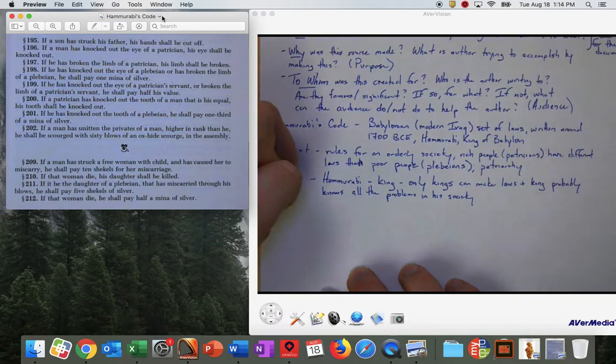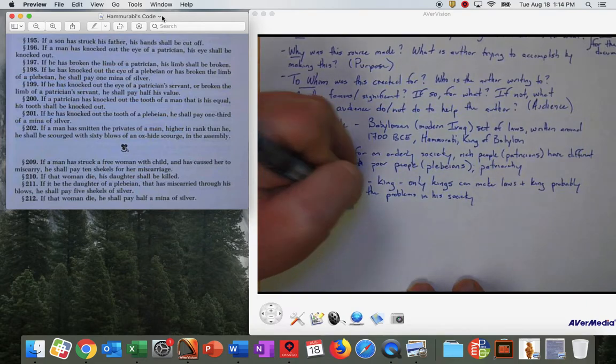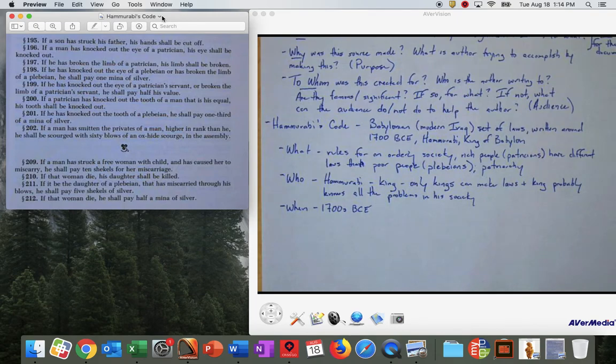When was this written? So we know it was written in the 1700s BCE. Remember, but that's not the whole story. I don't just care about the date.